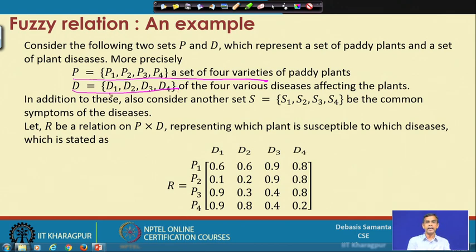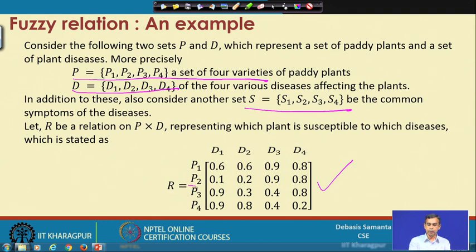Now, the set D represents the different diseases, where D 1 is a type of disease, D 2 is another and so on, and say S is another set which is basically a set of symptoms. Those symptoms are S 1, S 2, S 3, S 4. Now, how a particular plant is related to the disease can be given by means of a relation. So, this is basically a fuzzy relation showing how a particular plant is related to the different diseases that it may have.